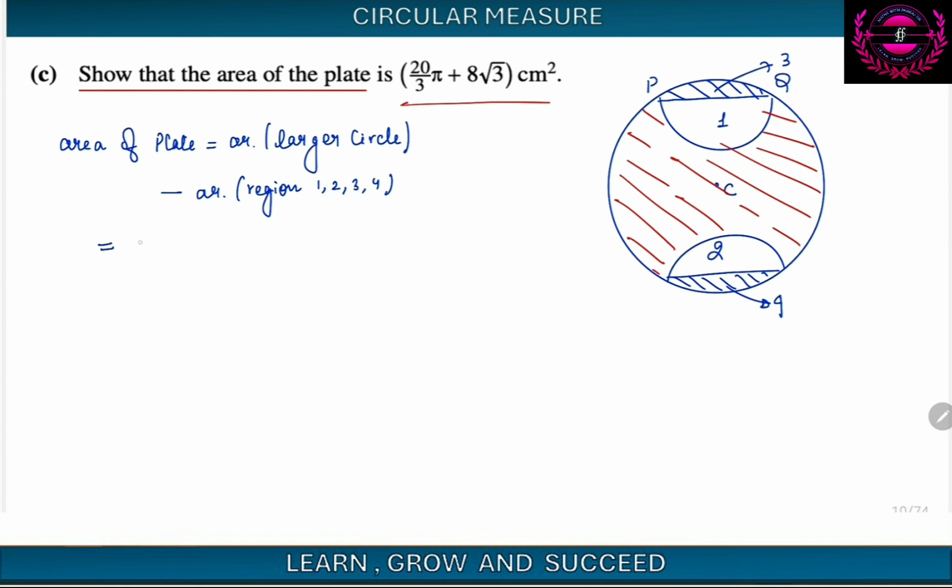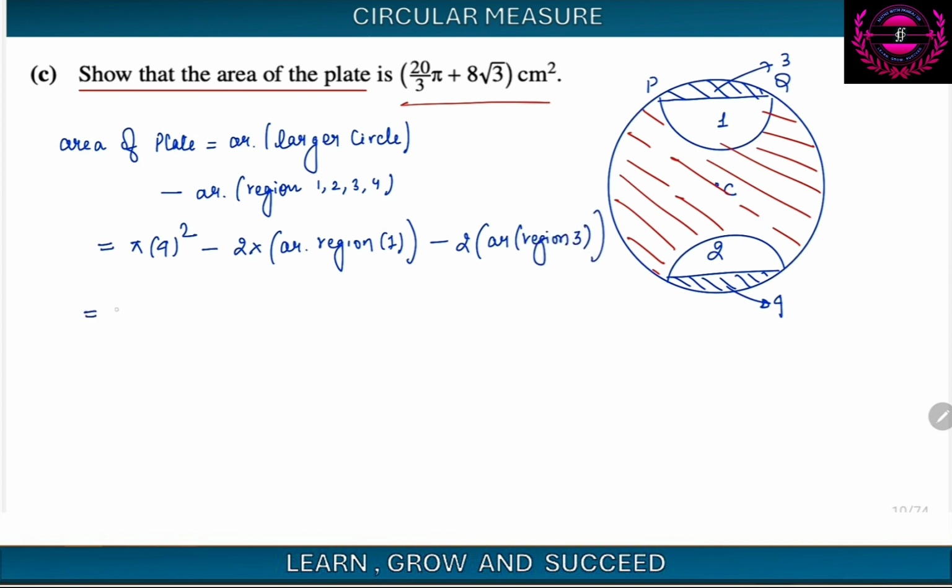Area of larger circle is pi r square, which is pi into 4 square, minus, we know area of region 1 and region 2 are equal, so 2 into area of region 1, minus 2 into area of region 3, because 3 and 4 are also equal.